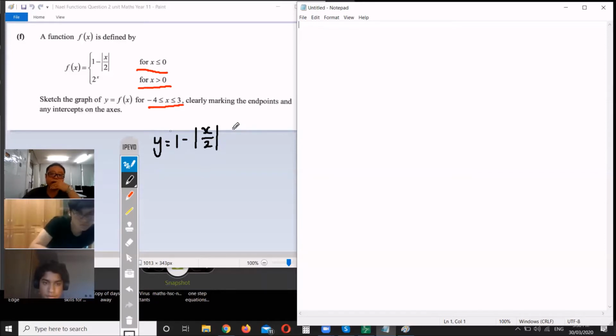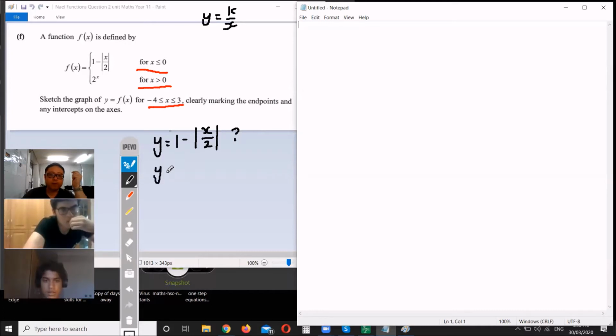It's probably a hyperbola, but no, it's not, because a hyperbola is y equals k over x, with x on the bottom. I'm not sure because there's an absolute value in it. We'll build our way up to this.